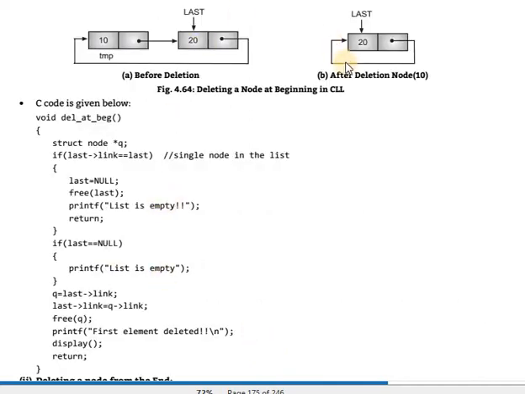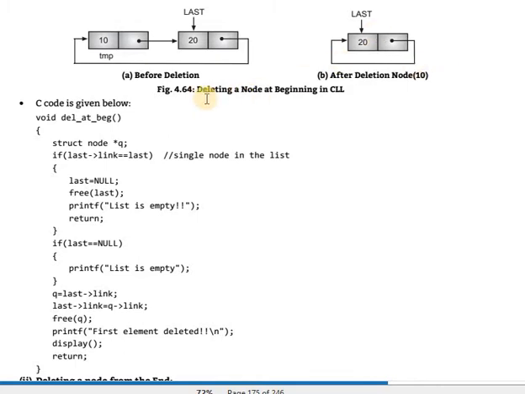Before deletion and after deletion, for example, you delete the number 10. Then last->link is connected to the second node, because only two nodes are there, so they are connected, and the 10 variable is freed.